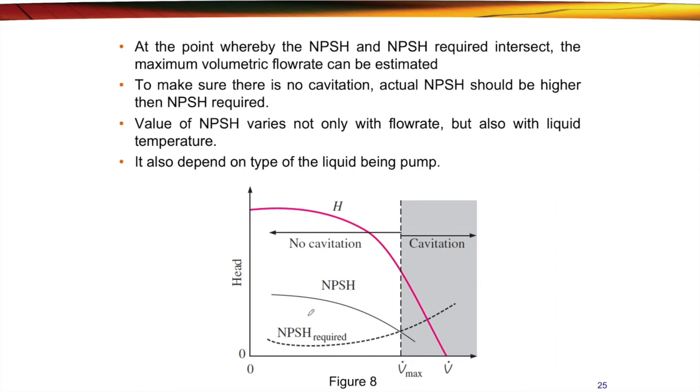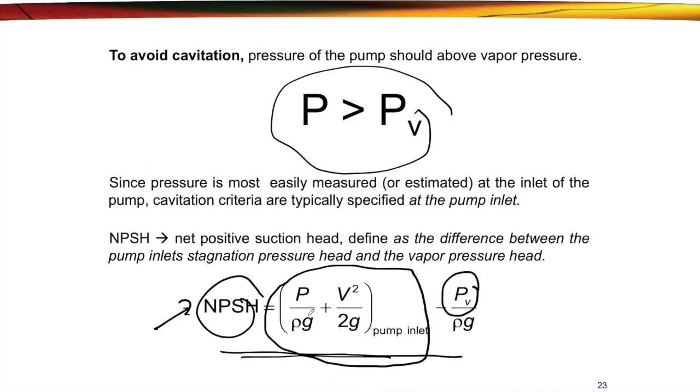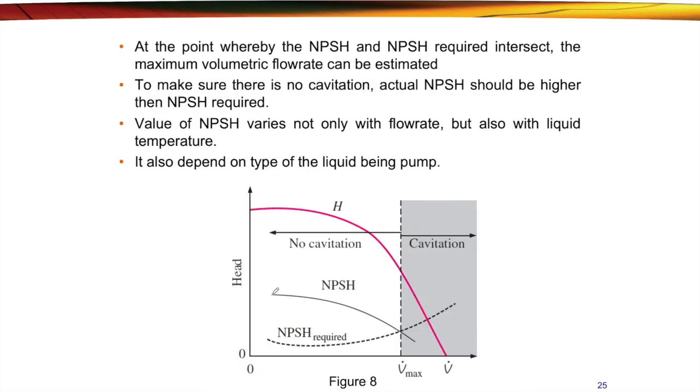If your NPSH is greater than NPSH required, therefore there is no cavitation. The actual NPSH will be calculated by using this equation, and the required will be given in your question.